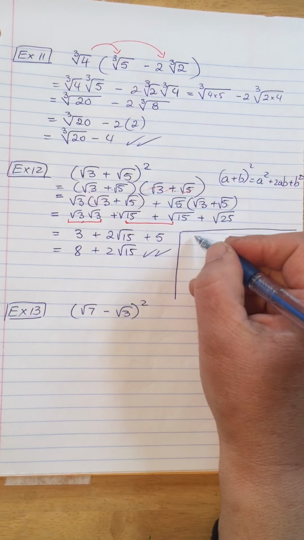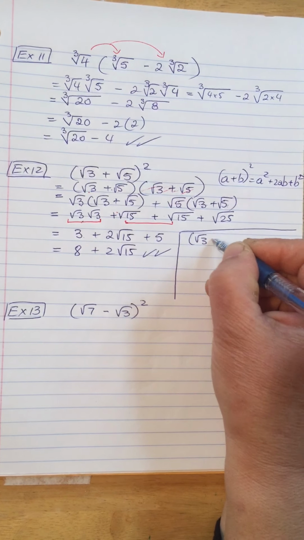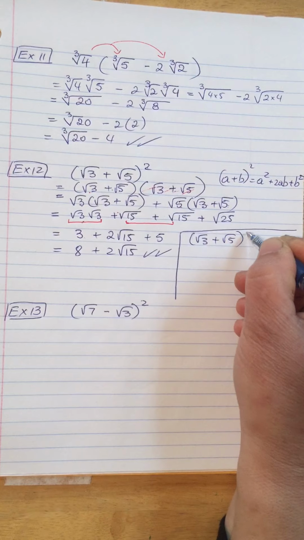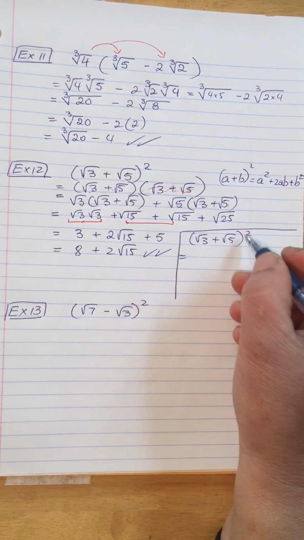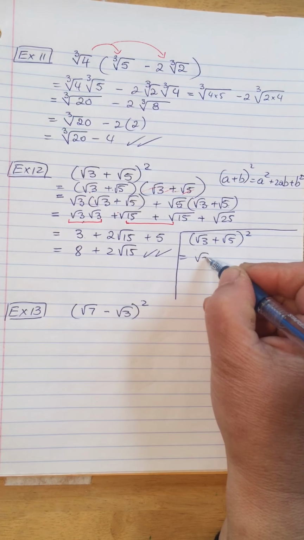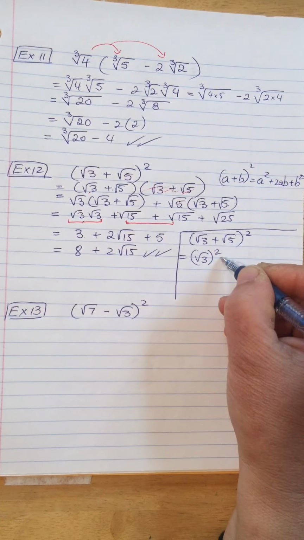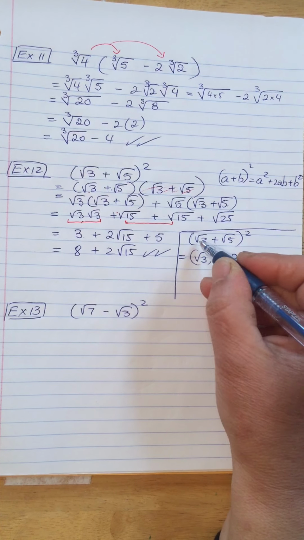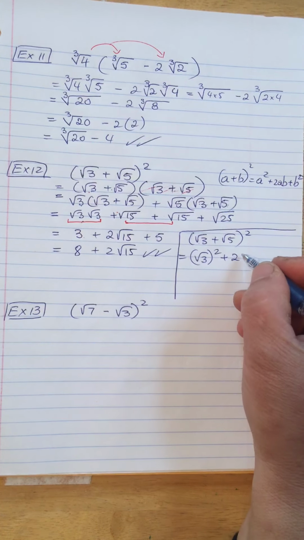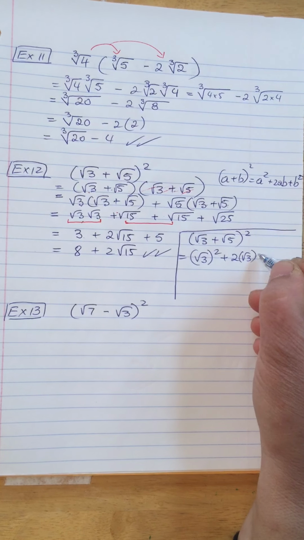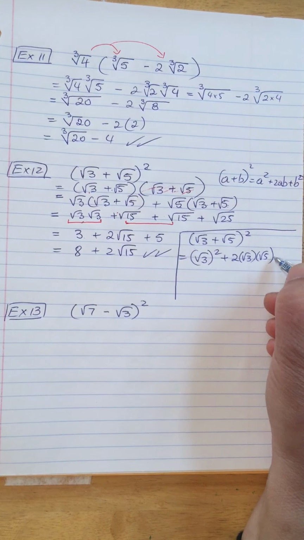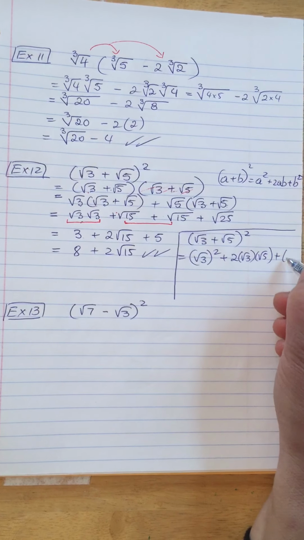So let me repeat with the formula. The square root of 3 plus the square root of 5 squared. I know this is the first squared plus 2 times both, the square root of 3 times square root of 5, plus the last term squared.